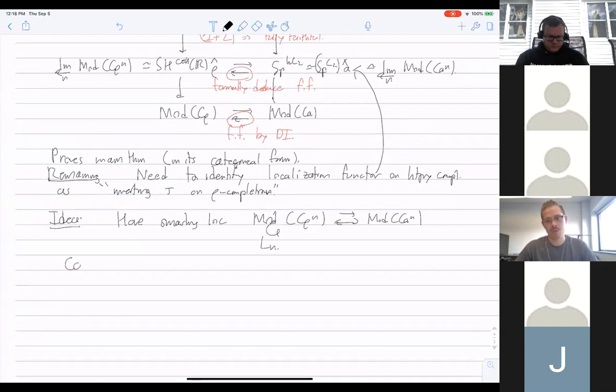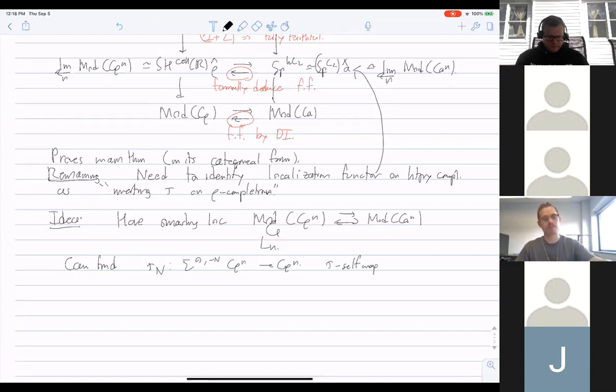And I can find some element tau sub n from the desuspension 0 minus n of the cofiber of rho to the n to the cofiber of rho to the n, which is a tau self-map.